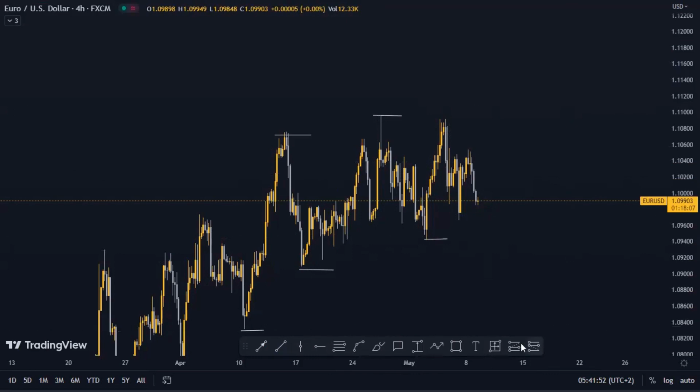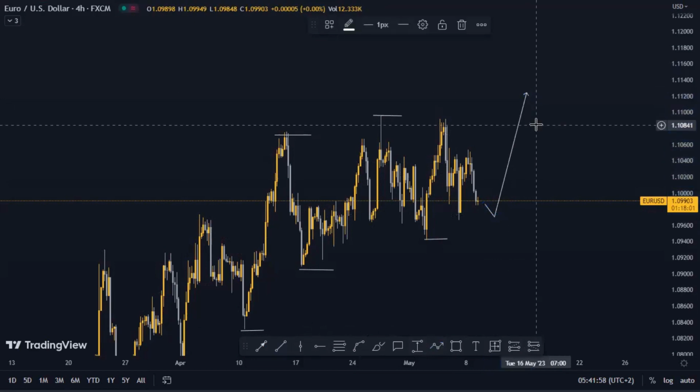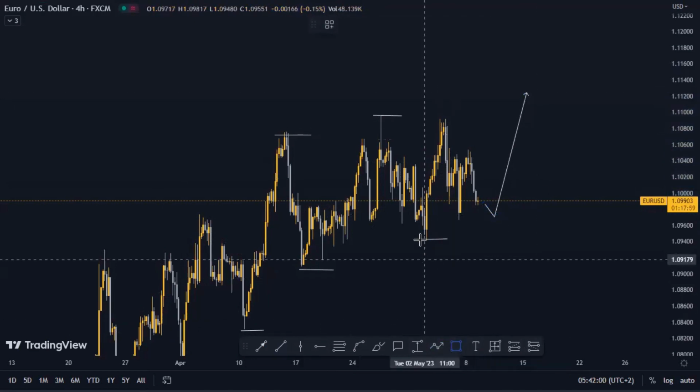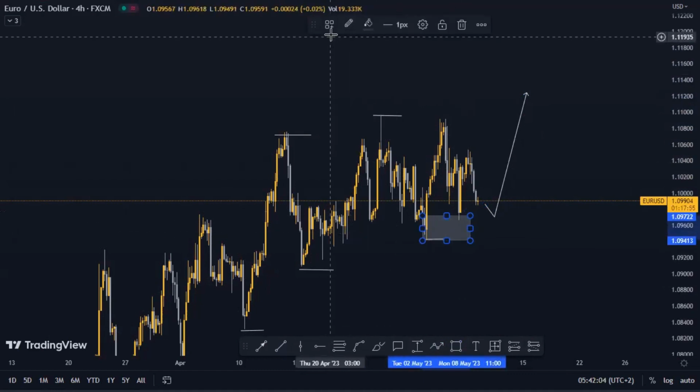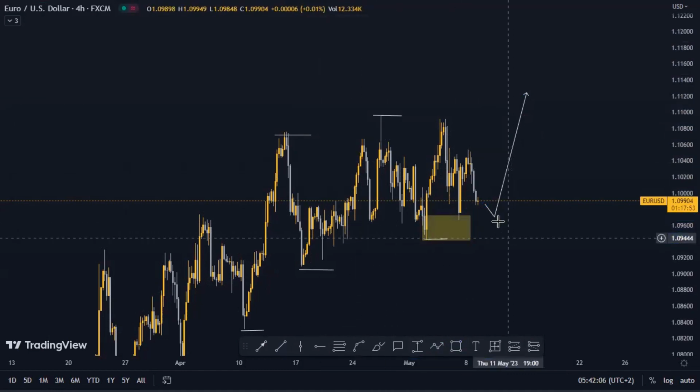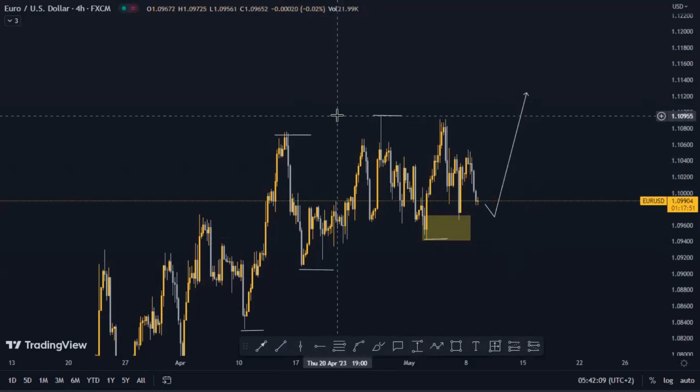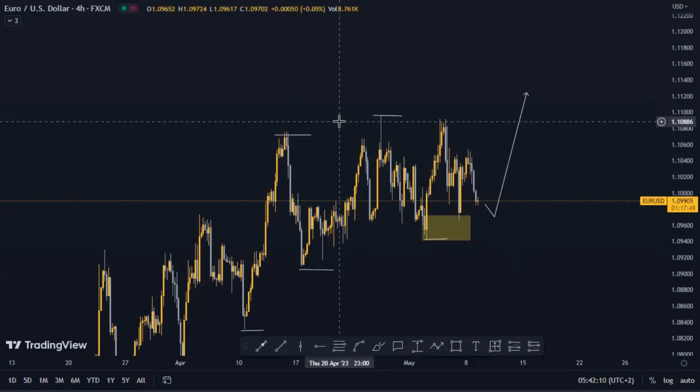So what am I seeing here? This is the last demand area, which looked like it was mitigated. So we're expecting a further push to the upside.